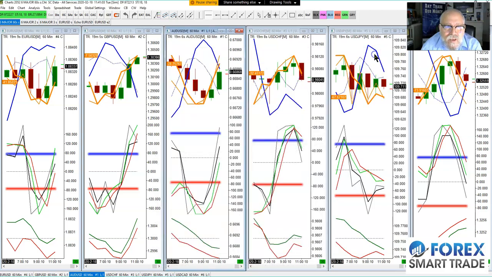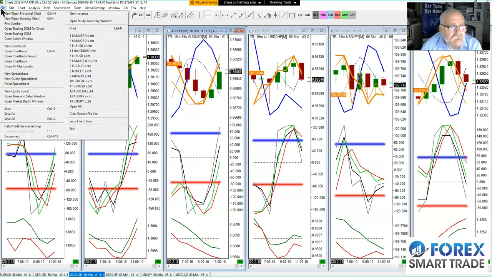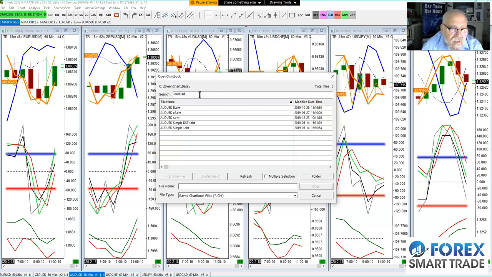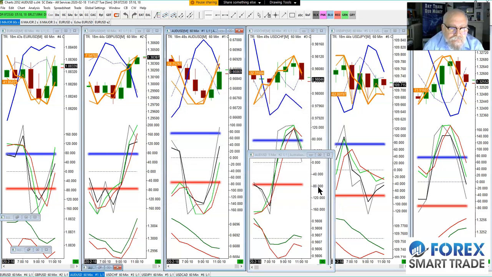So we'll just keep it to what we know how to do. So to do that, I'm going to open up a full chart of AUDUSD. So click File, Open Chart, AUDUSD, and here is the chart. Open it up.